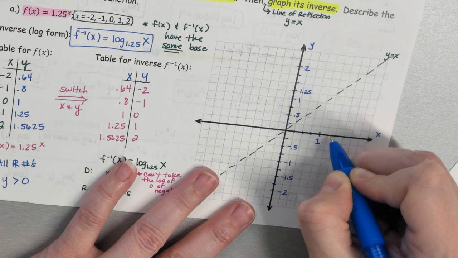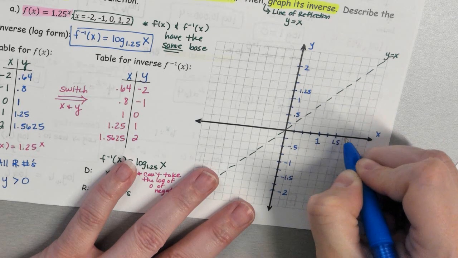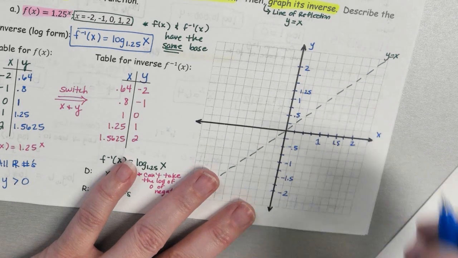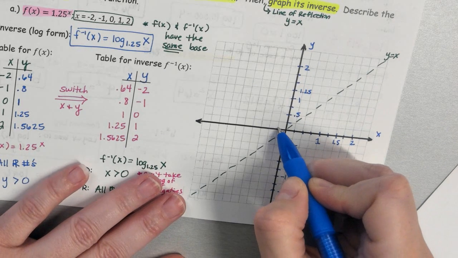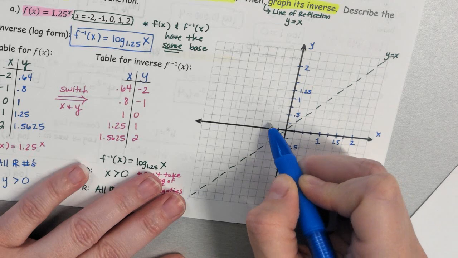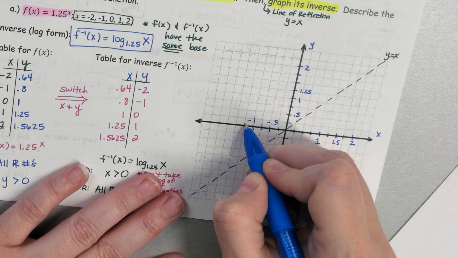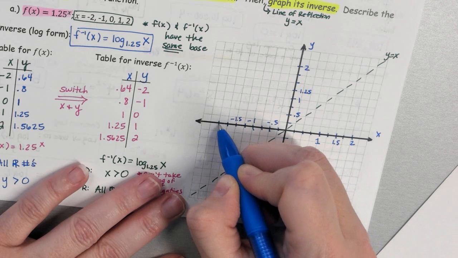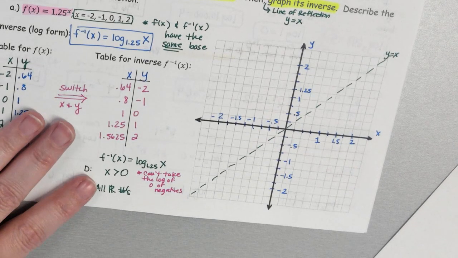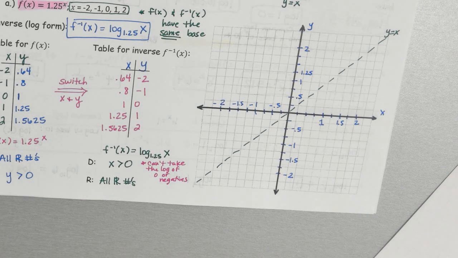This would be 1, 1.25, 1.5, 1.75, 2. So it would be negative 0.5, negative 0.75, negative 1, negative 1.5. Okay, so that's going to make it a little bit easier for me to graph that.